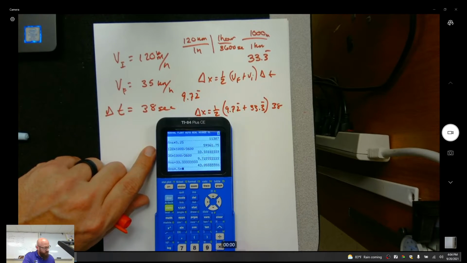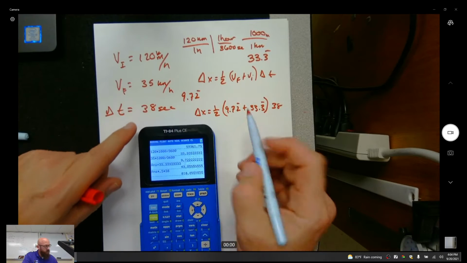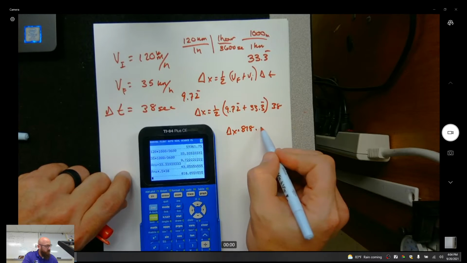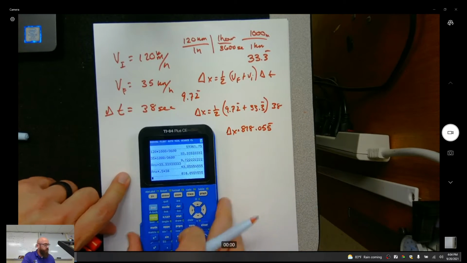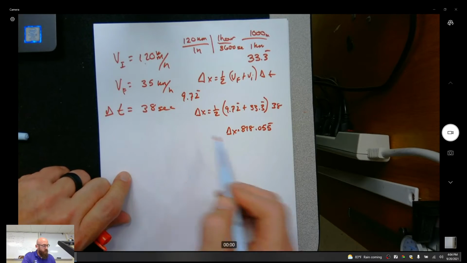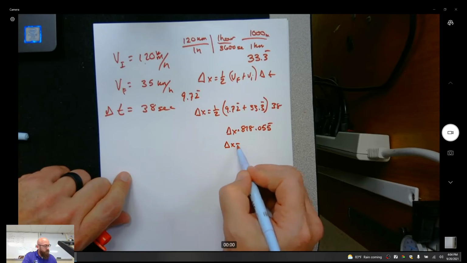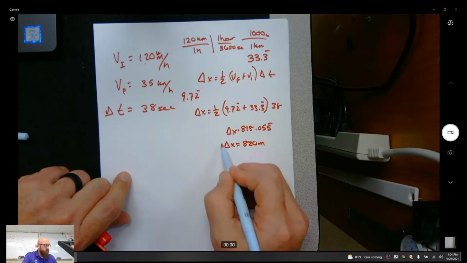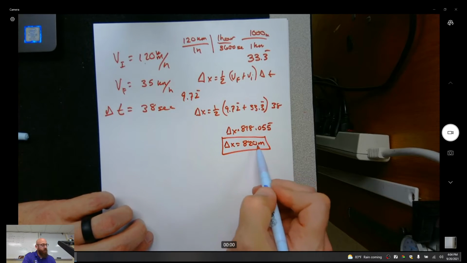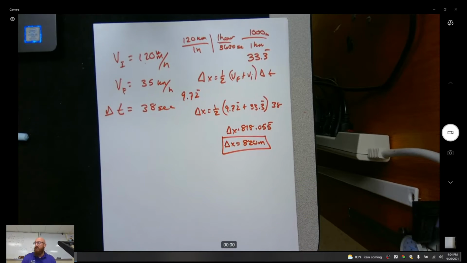Times 0.5 times 38 gives me a delta x of 818.0555 repeating. Now again, look at that, two significant digits, two significant digits, two significant digits. Delta x really should be 820 meters, because it's 81, we round up. The 0 is a placeholder. Two significant digits. Okay?